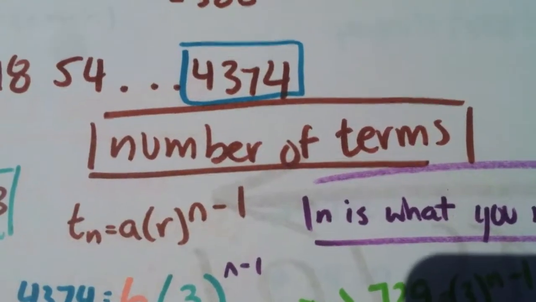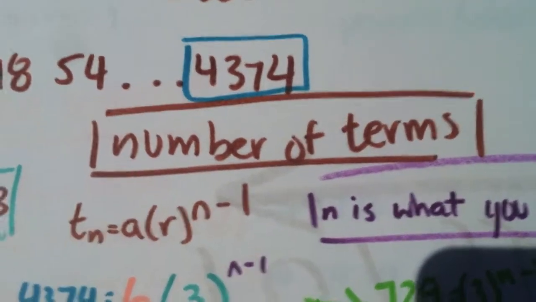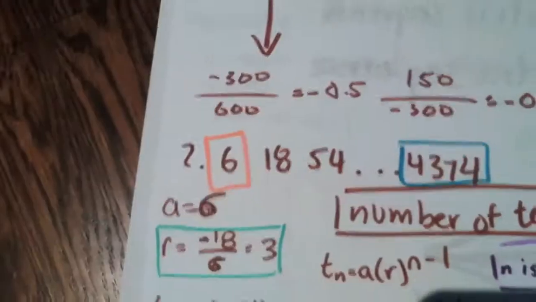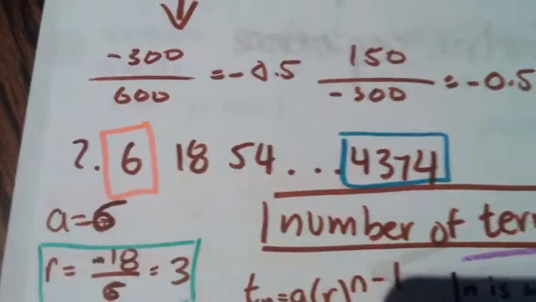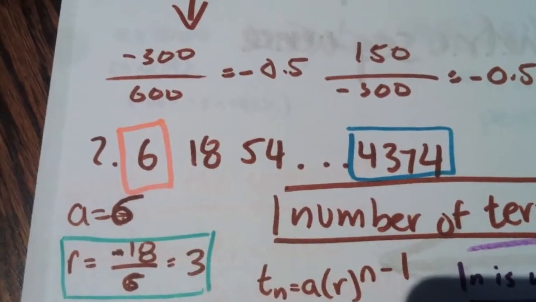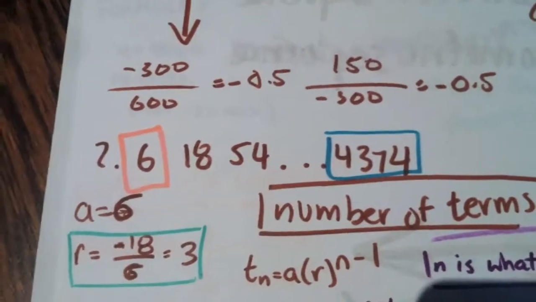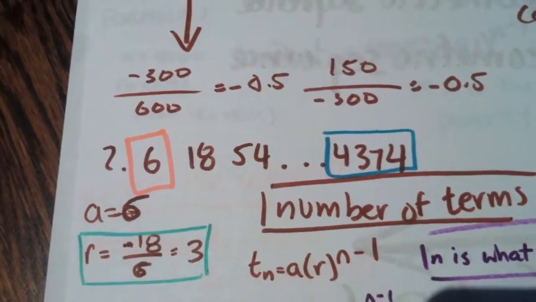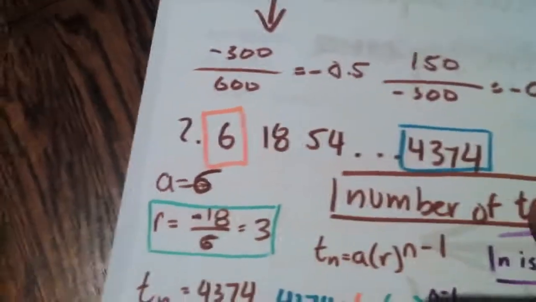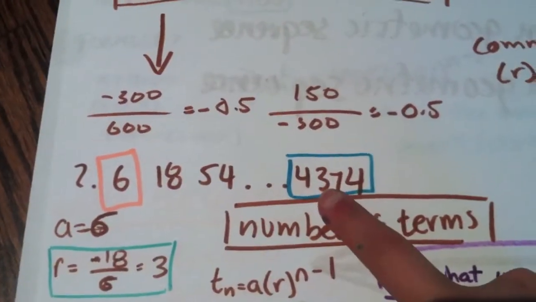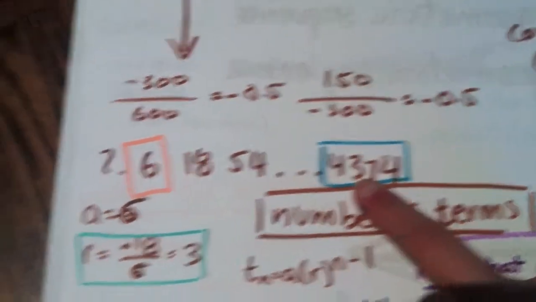Question number 2 is going to ask you the number of terms. There is your geometric sequence: 6, 18, 54, and then up to 4,374. And here you basically find what term number is 4,374.